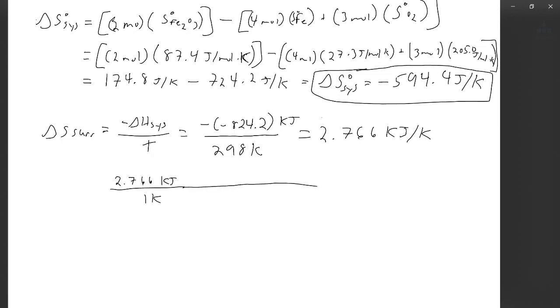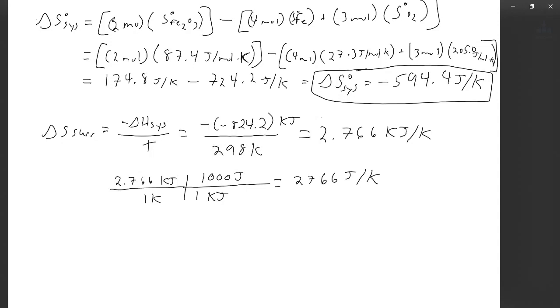Setting up our dimensional analysis here, remember that for every 1 kilojoule, there's 1,000 joules. Bottom stays the same. So this gives us 2,766 joules per Kelvin. So this is for the surroundings.